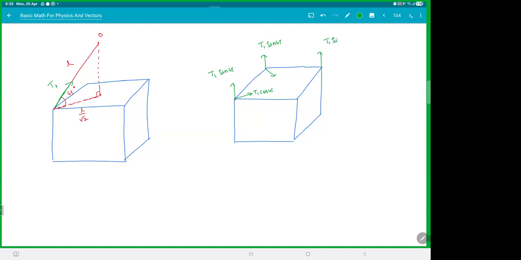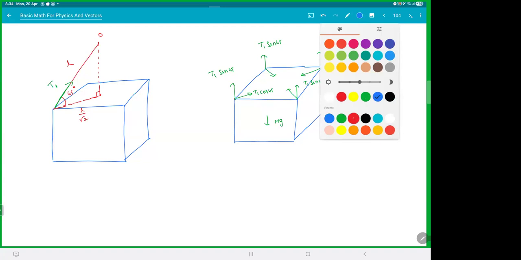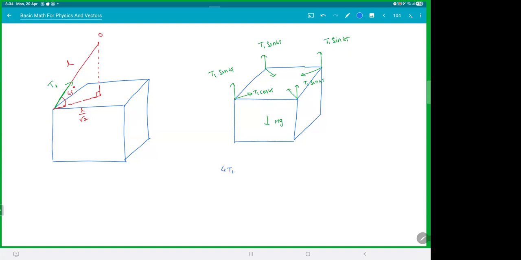You can resolve this into components along the vertical and the horizontal. And this whole thing is balancing your weight. You can clearly see the four vertical components are balancing the weight of this whole block. So that would be 4 times T1 sine 45 is equal to mg. And then we got T1 from here as mg by 2 root 2.